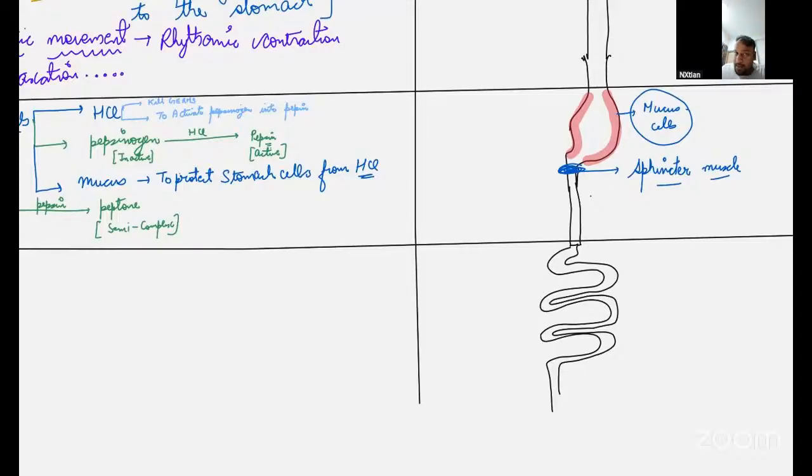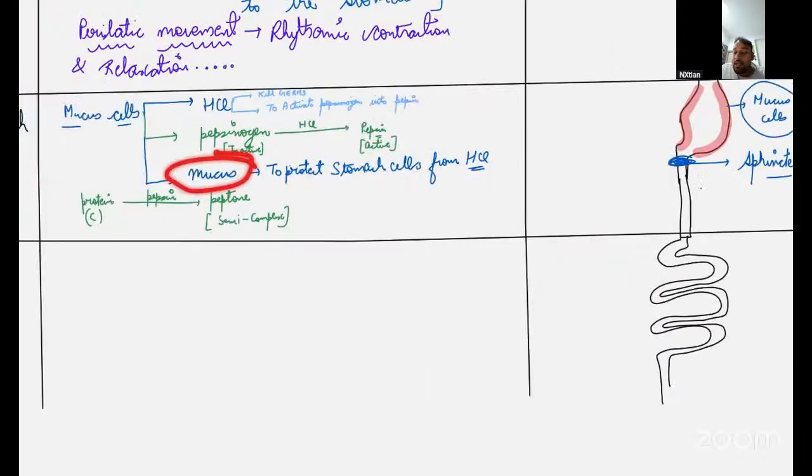Simple as that. But this small intestine doesn't have mucus cells. So if mucus cells are not there, then mucus is also not there. Means if the acidic food comes directly now, then the intestine will burn.